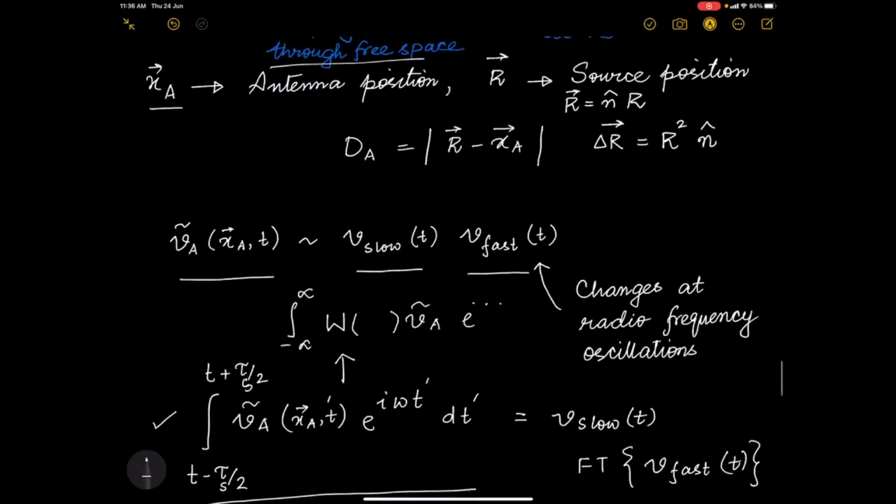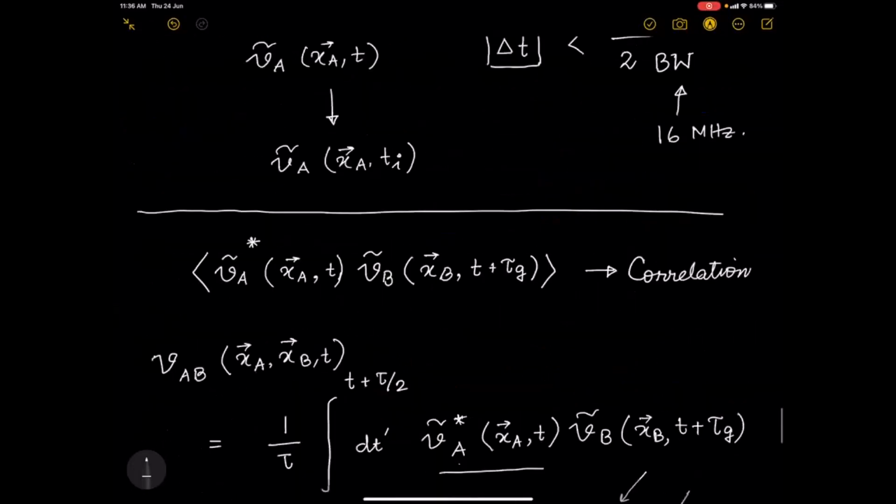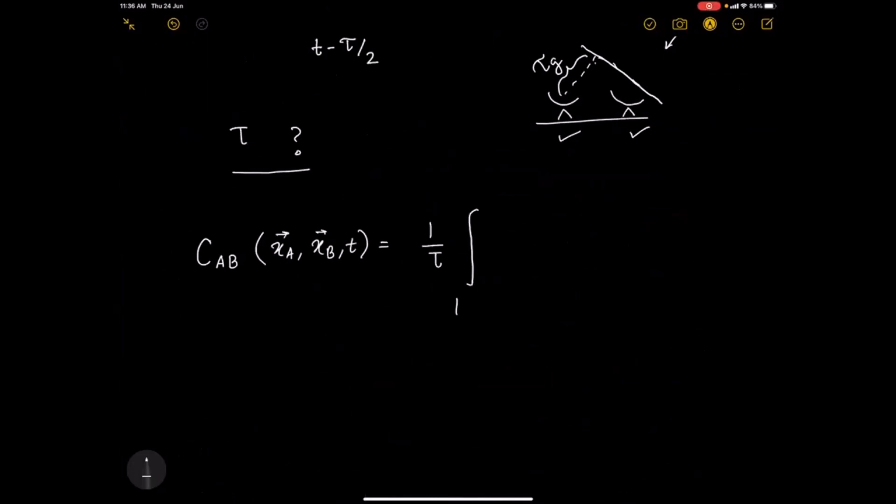Which means when I write this I should write 1 by tau, integral from t minus tau by 2 to t plus tau by 2, dt prime. And now E star, which originated from R, the signal was at an earlier time, and remember the integral variable is supposed to be different.